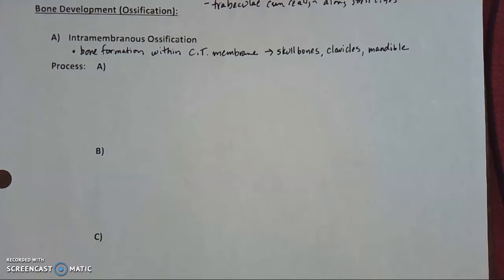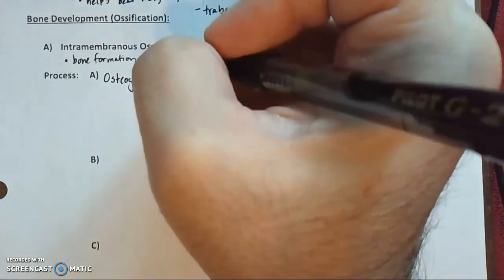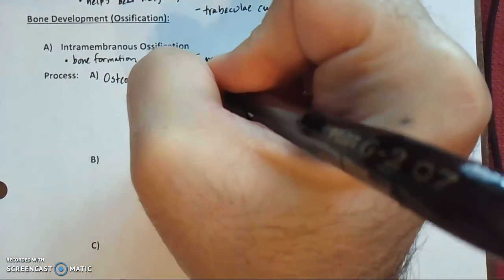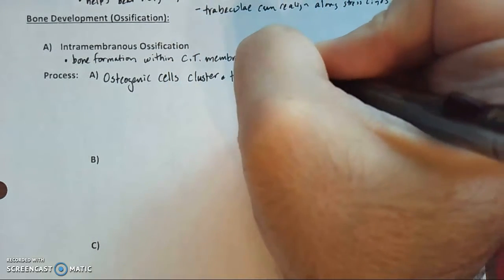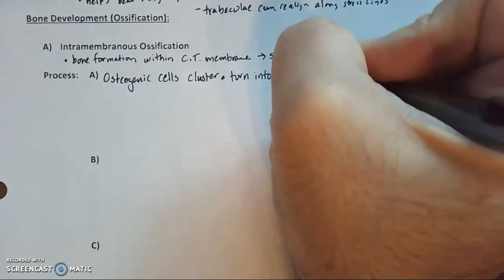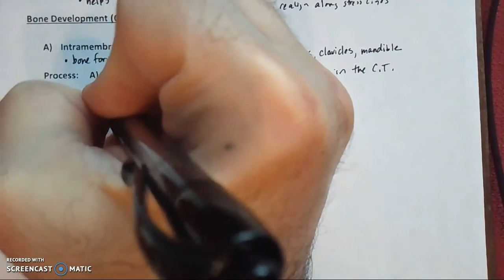So this process follows different steps, and I will have a video that I will post that will go back over this and show an animation of this process. But we start with osteogenic cells, and they cluster and turn into osteoblasts in the connective tissue membrane.